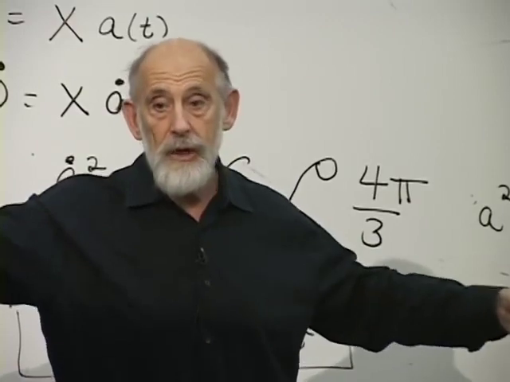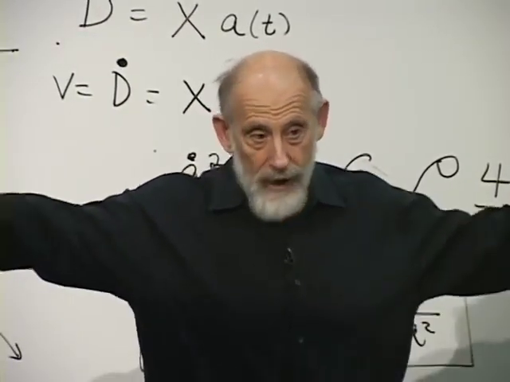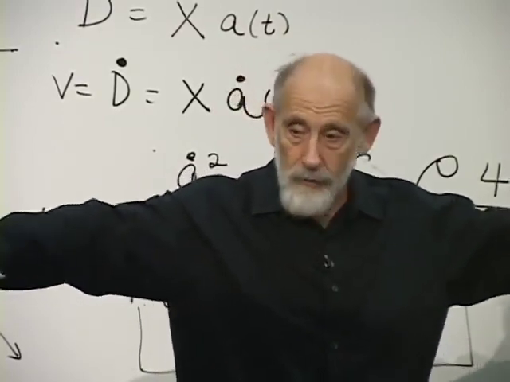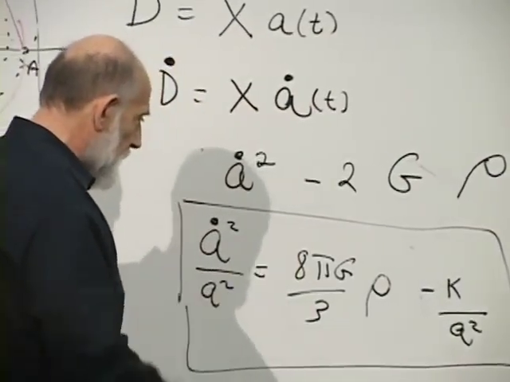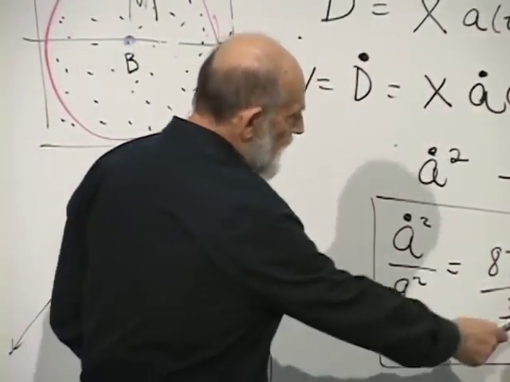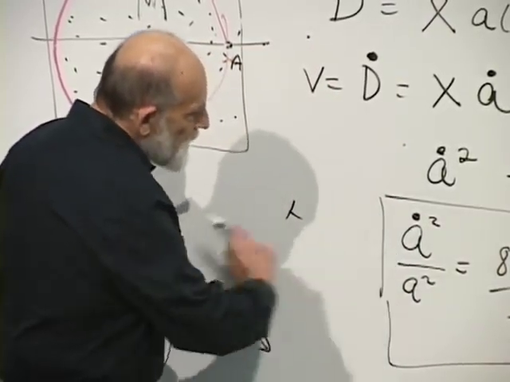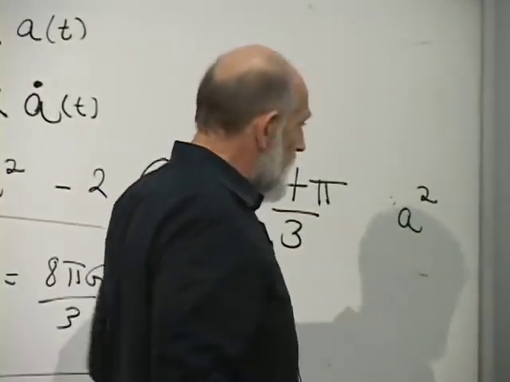The universe just continues to grow, and gravity eventually becomes irrelevant, and everything shoots apart with uniform velocity. That's number one. Number two, we have to do something about figuring out how to express rho. But the only other thing I wanted to point out is that this a dot over a, well, it's actually squared over here.